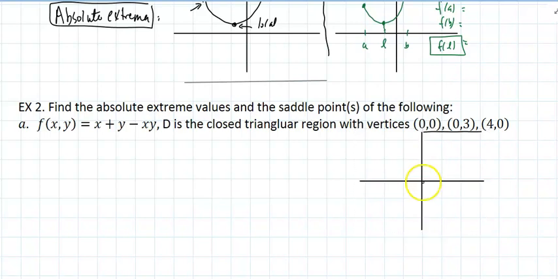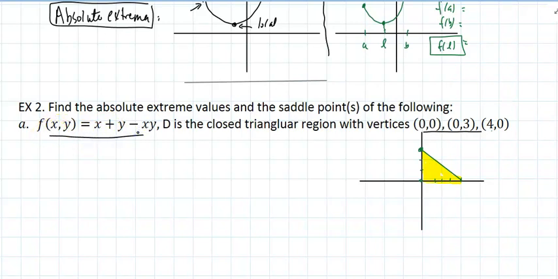I'm looking at 0, 0, 0, 3, and 4, 0. So, I'm looking over this triangle.